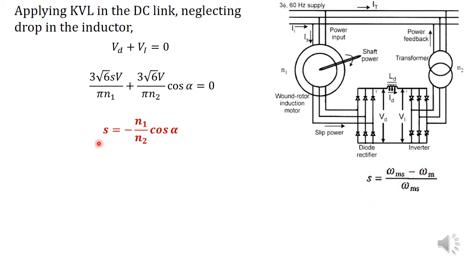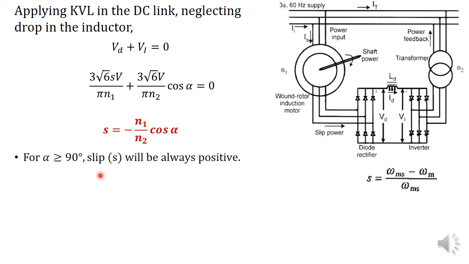In order to vary the slip, we have to control the firing angle alpha.